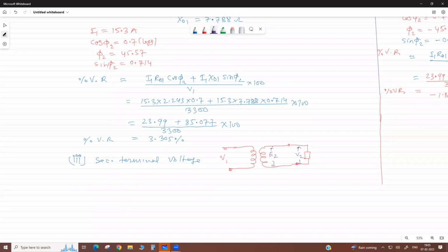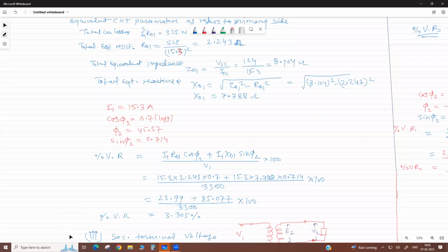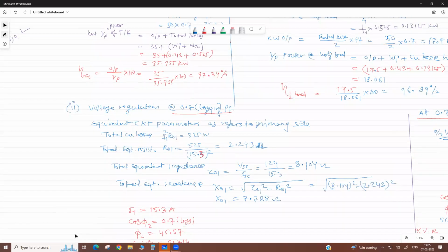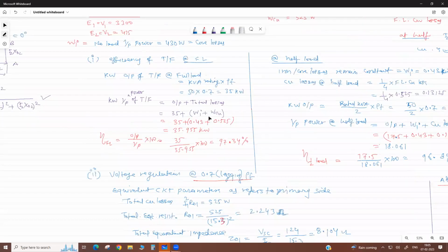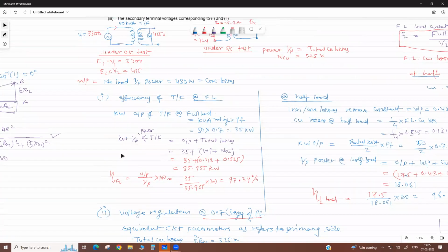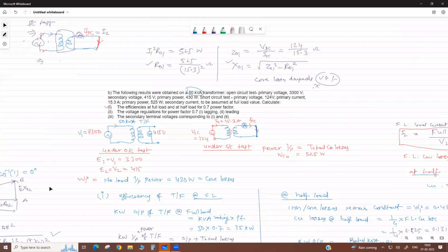Now this difference is due to the drop in the terminal. So he asked the secondary terminal voltage corresponding to this voltage drop.